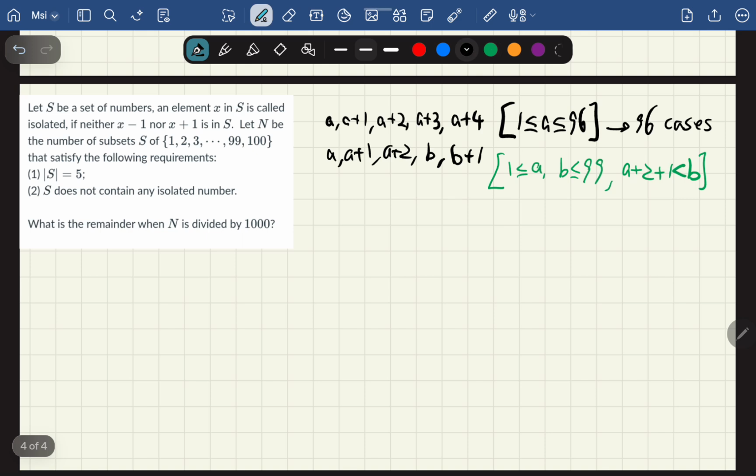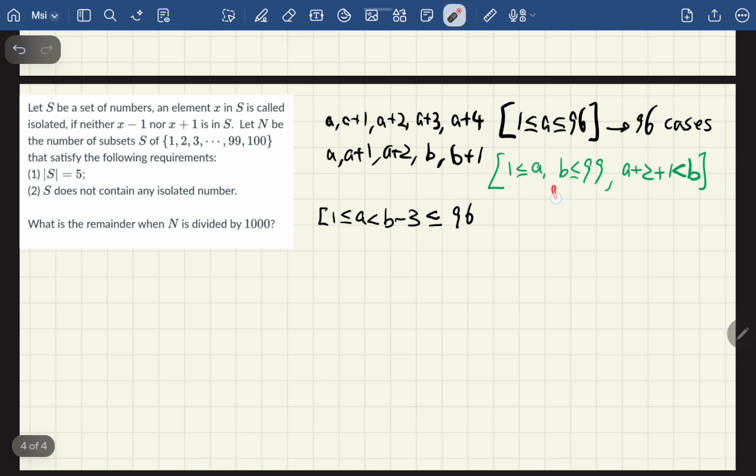Another way to rewrite this is 1 is less than or equal to a is less than b minus 3, which is still less than or equal to 96. Why 96? Well, b is less than or equal to 99, and if you subtract 3, this also subtracts 3.